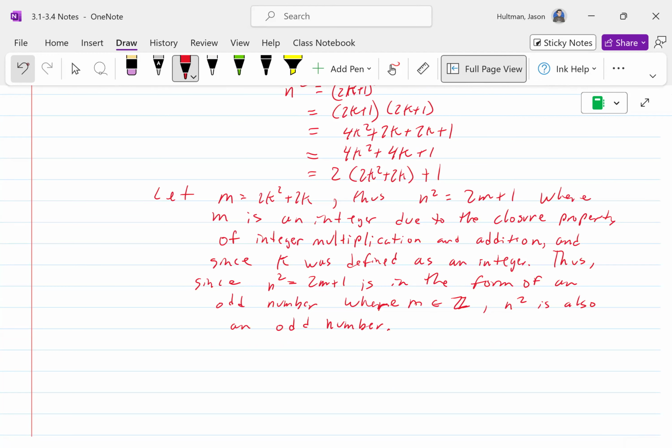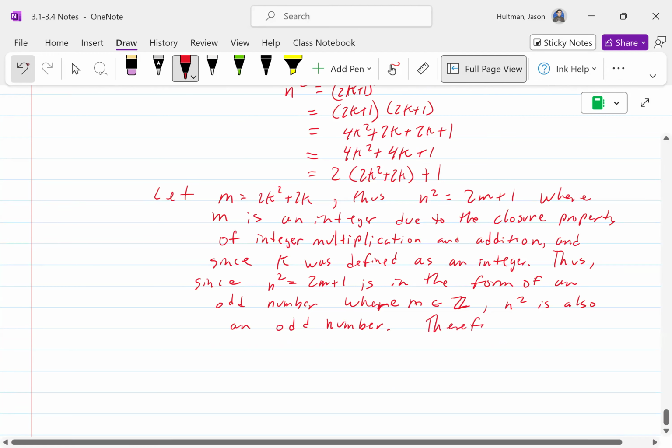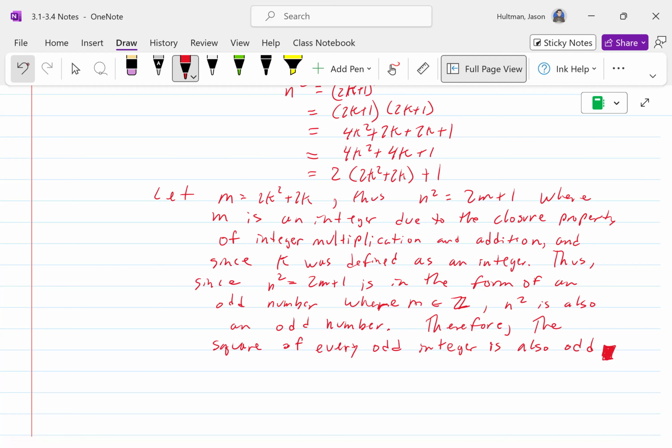Therefore, what did we prove? We proved that the square of every odd integer is also odd. And then we have our little colored in square.